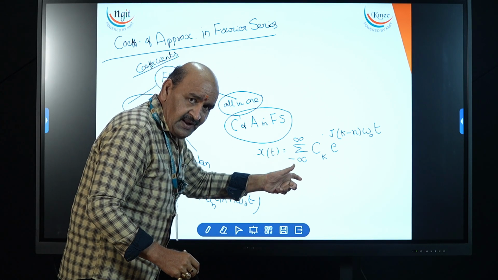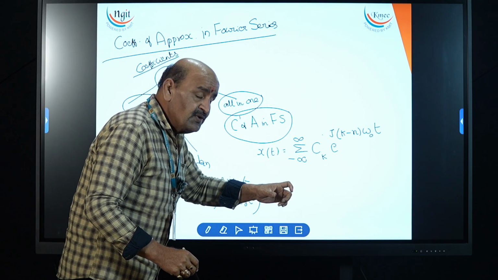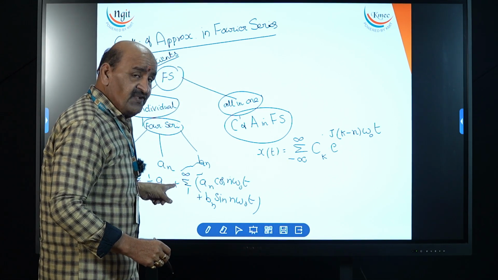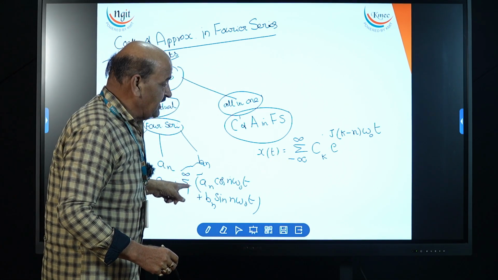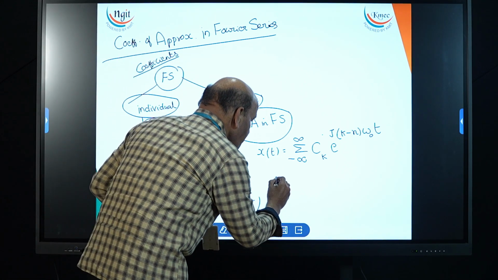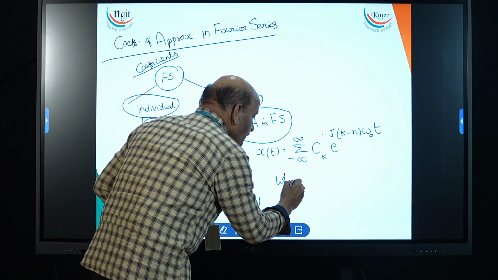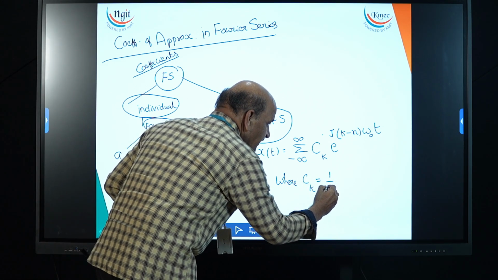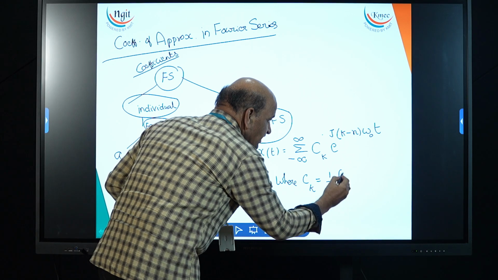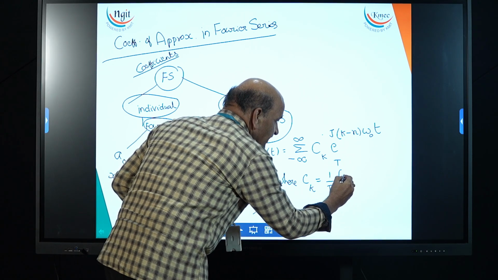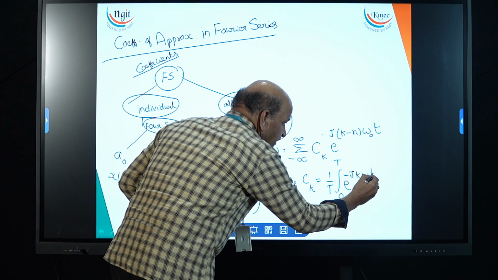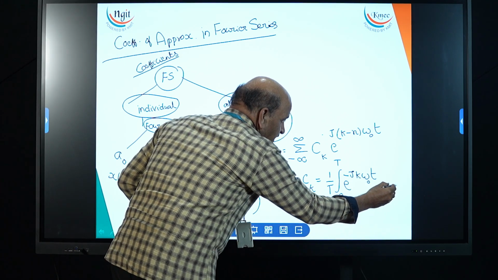This is a theoretical approach. A problem can be solved either in this way or in this way, but this way is very easy to calculate and understand. Now look at here, what is coefficient of approximation? C of k is equal to 1 by T integral 0 to T e power minus j k omega naught t dt.